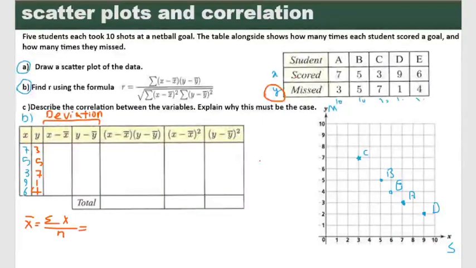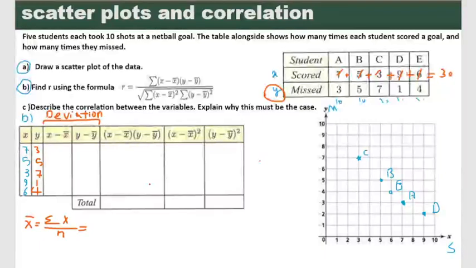If I substitute, 7 plus 5 plus 3 plus 9 plus 6: 3 and 7 is 10, 5 and 6 is 11, 11 and 10 gives 21, with 9 it is 30.